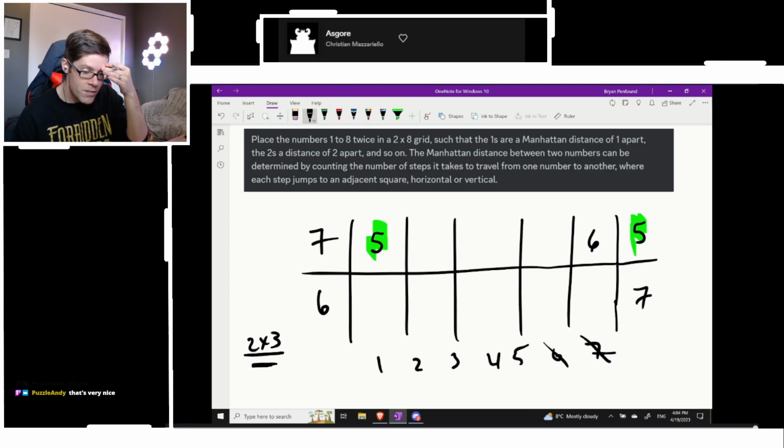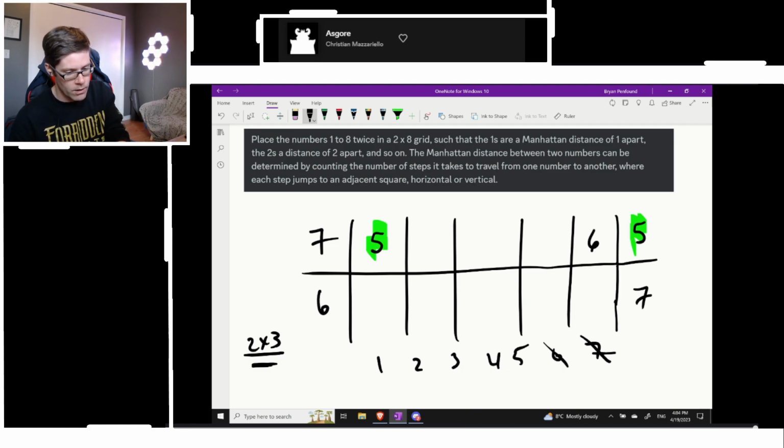So if I keep the 5s here, where else could I put the 4s? If I wanted to, I could still keep a 4 here, and I could go 1, 2, 3, 4. But I think we're going to start to run into some issues here with the 3.